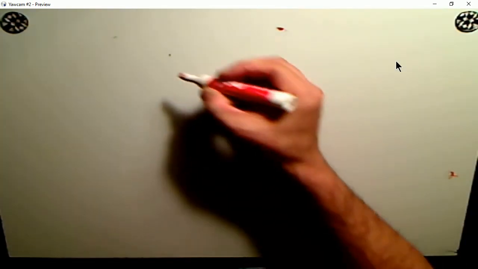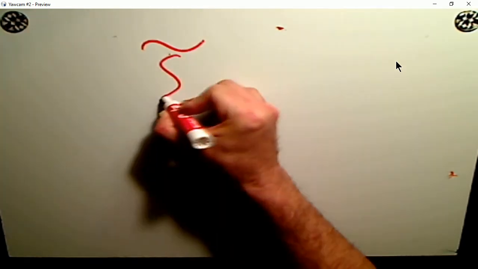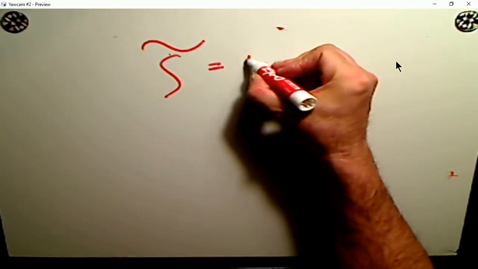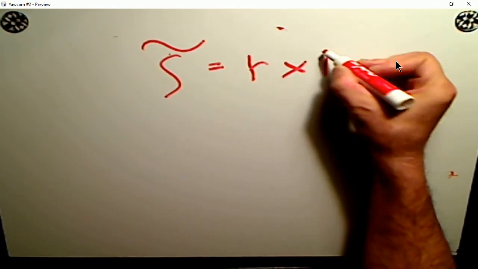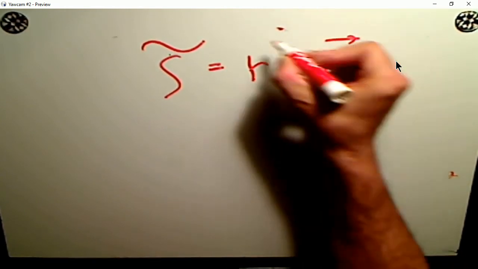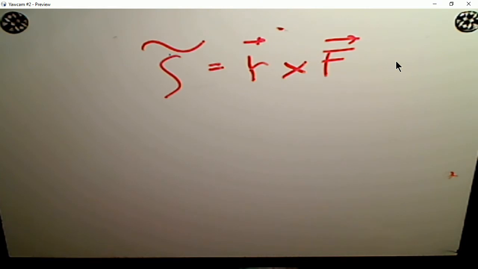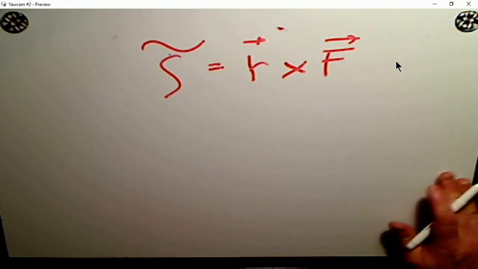So now, let's look at another issue here. Torque is equal to the radial arm cross product with force. What do we mean by cross product?